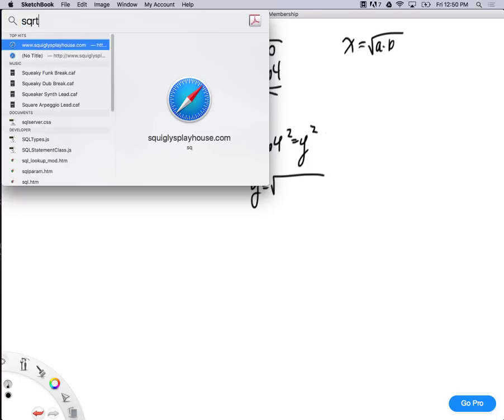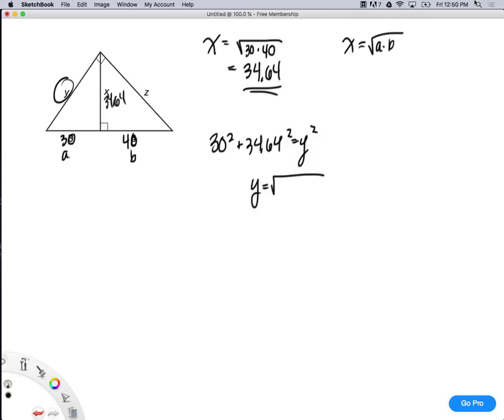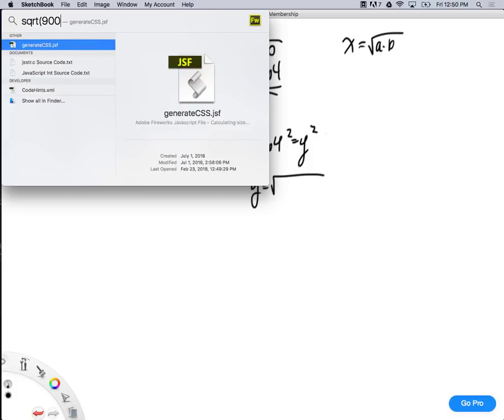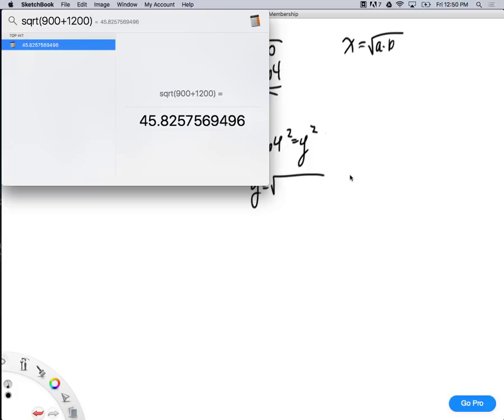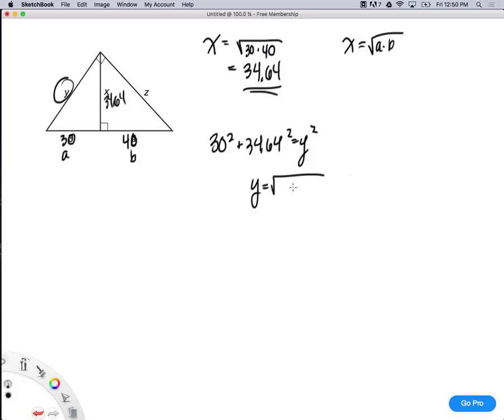So square root of 900 plus 1200, square root of 2100. So y equals 45.83. You guys get that? Does that make sense? Yeah? So look, I would get z the same way, except it would be 40 and 34.64. I hope you guys are paying attention to this.